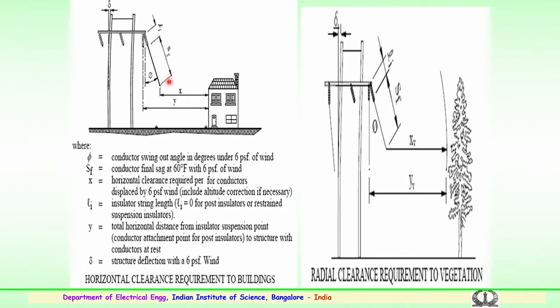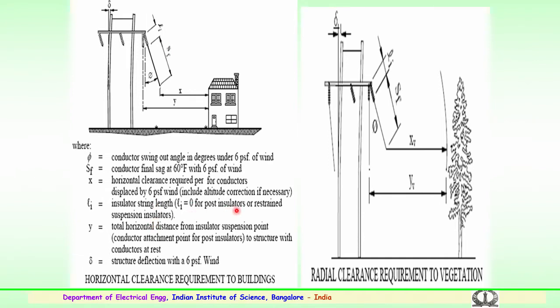Again, phi is the conductor swing angle in degrees under 6 pounds per square foot of wind. SF is this distance, which is the conductor final sag at 60 degrees with the same wind pressure, and x is horizontal, and Li is the insulator string length.